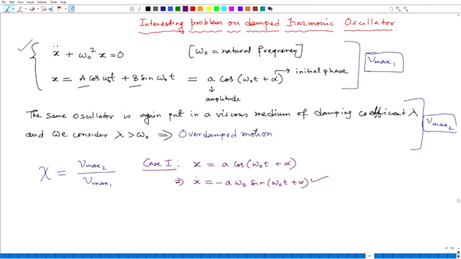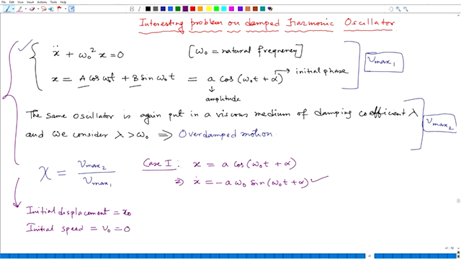In order to understand the specific solution for this problem, we want to have some initial conditions. In this problem we say that the initial displacement is x0, and the oscillator always starts from rest, so the initial velocity V0 is equal to 0.